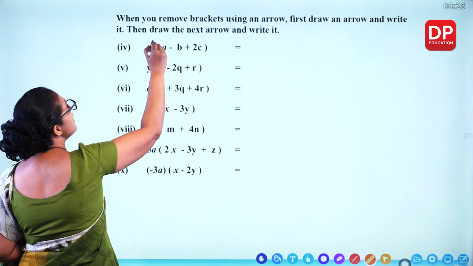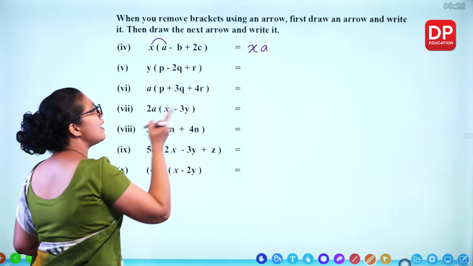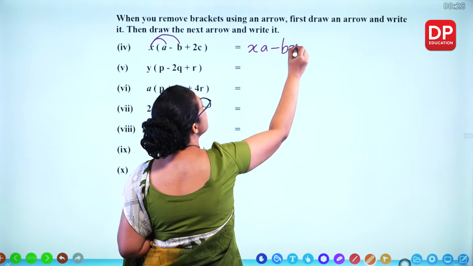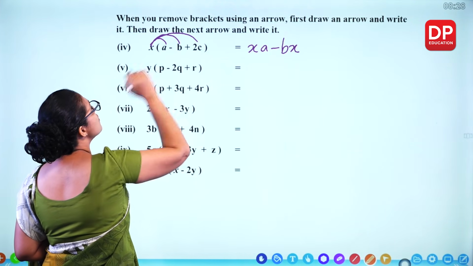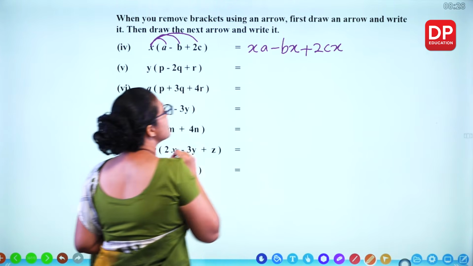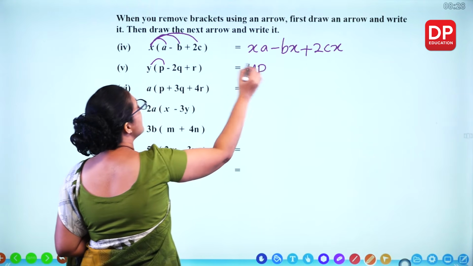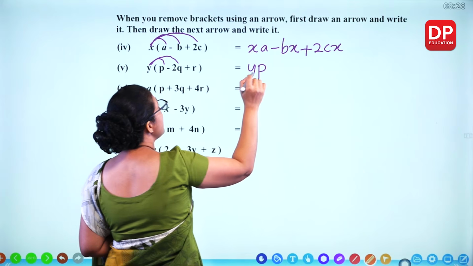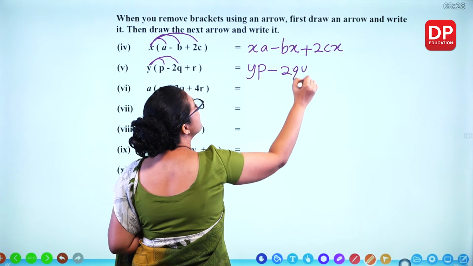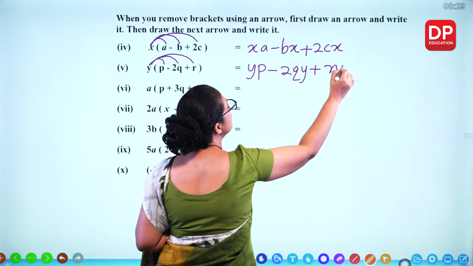We'll do that separately. x into a, xa or ax. x into minus b, minus bx. x into 2c, 2cx or xc. y into p, yp. y into minus 2q, minus 2yq or qy. y into r, ry.